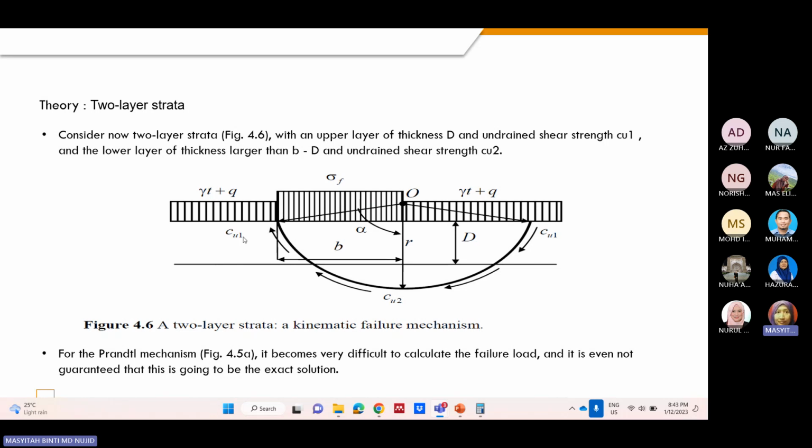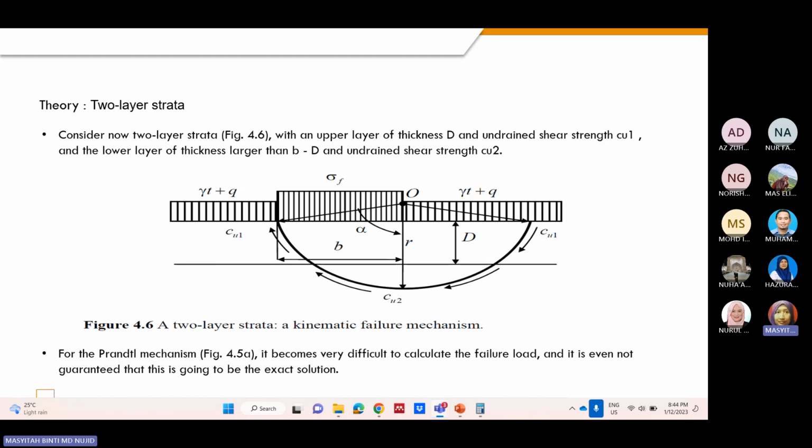So you can see that the slip circle surface is not located only in the first layer, it is also in the upper and bottom layers. Therefore, for the analysis, we have to consider both layers, the upper part and the bottom part.